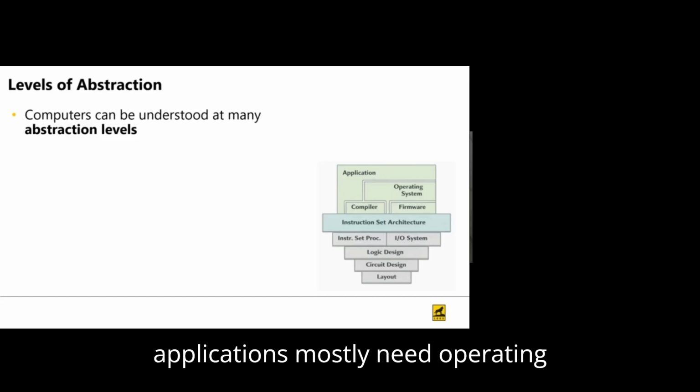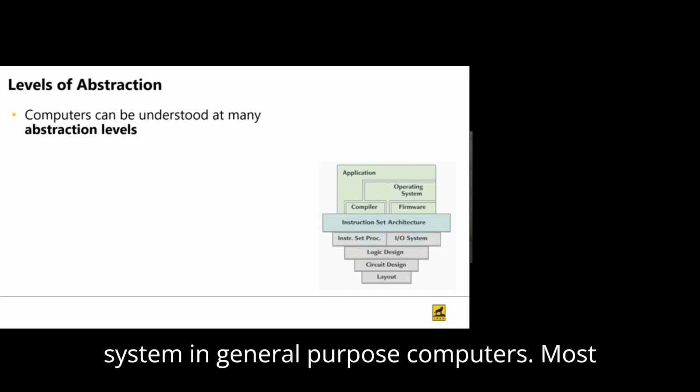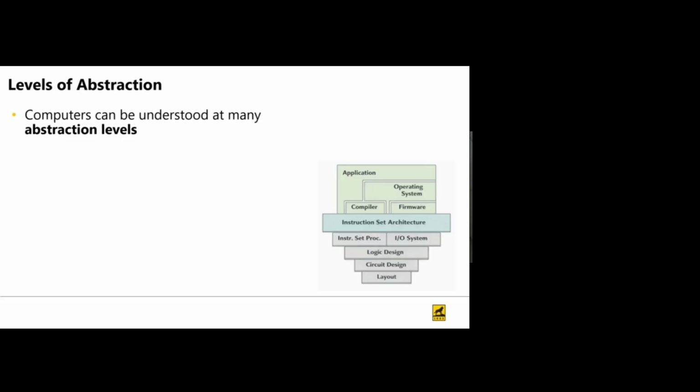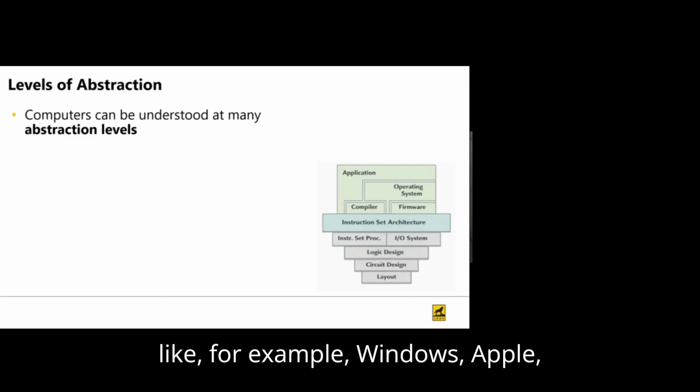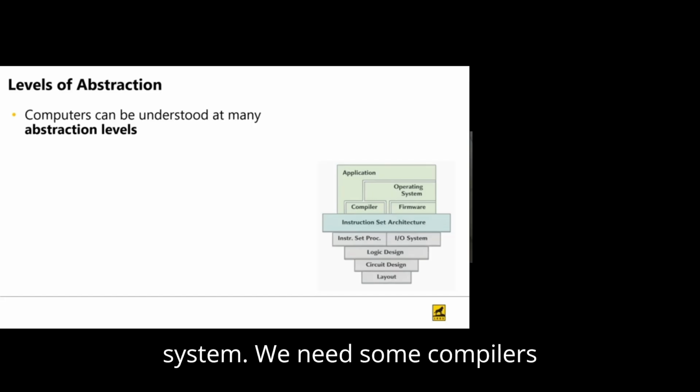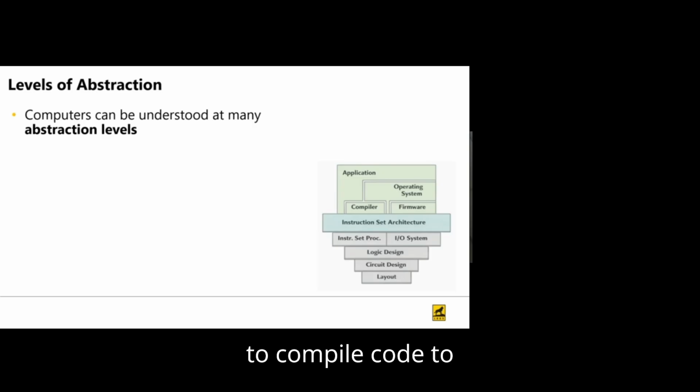These applications mostly need an operating system. In general purpose computers, most of the time, you need operating systems. Like, for example, Windows, Apple, or Linux, whatever operating system. We need some compilers to compile code to assembly language.